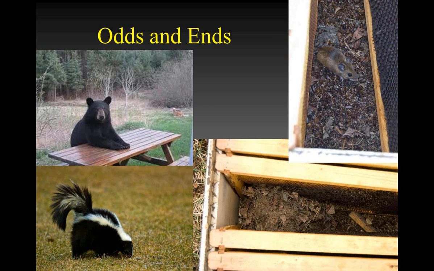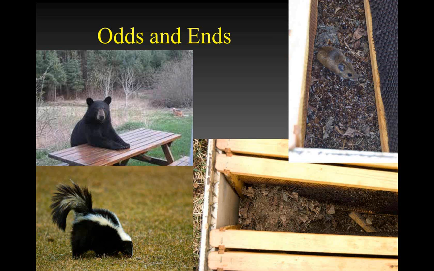The reality is a bear could plow right through just about any electric fence you could put up without incident. But you train it by zapping it on a tongue or a nose, and it learns very quickly. They're smart animals. It learns very quickly that this is not something to mess with.